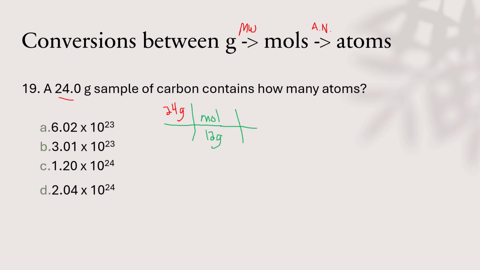So once you're here, your next step then is to use Avogadro's number. So in the case of Avogadro's number, we're going to multiply by Avogadro's number. So it's going to go on the top here because when you look at the units on Avogadro's number, in this case, the units are going to be atoms per mole. Because remember, it's entities per mole, so sometimes the word is atoms, like in this case, because they're using the word atoms. Sometimes it's molecules.